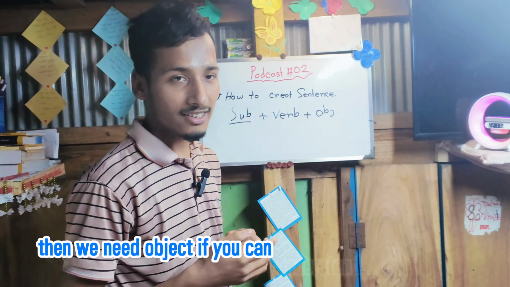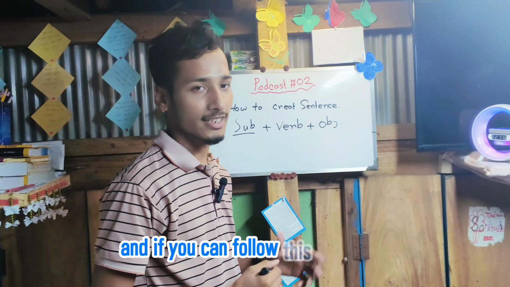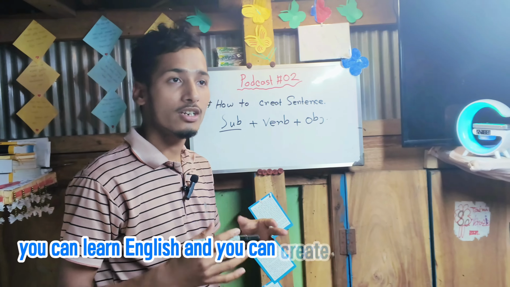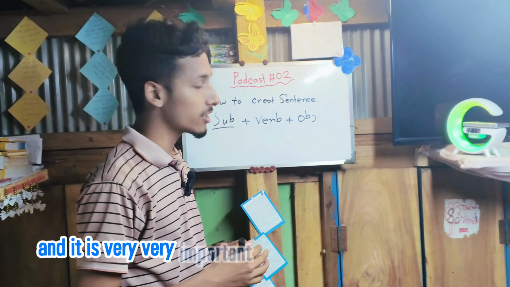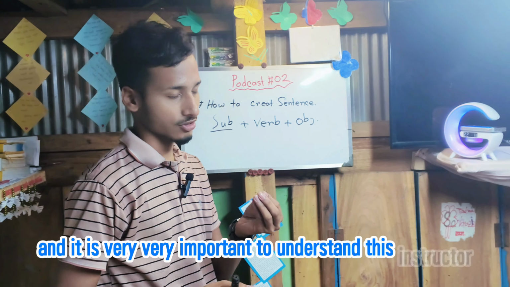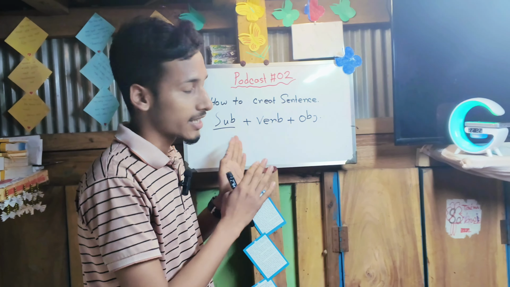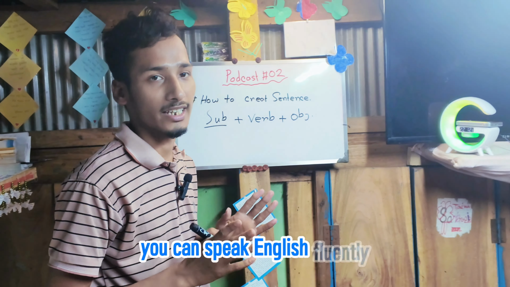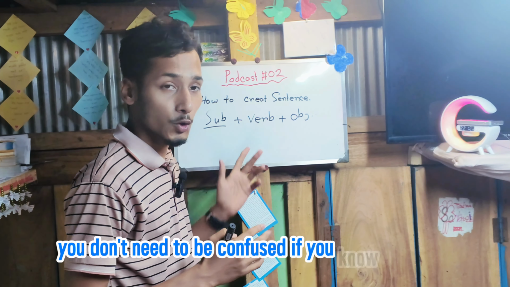If you can understand this structure and follow it, you can learn English and create sentences by yourself. It is very important to understand this structure, and everything is about that structure. If you can understand this, you can speak English fluently. You don't need to be confused if you know this.